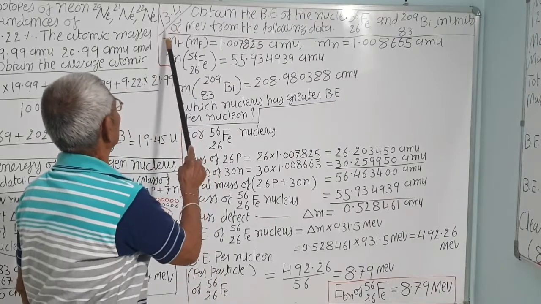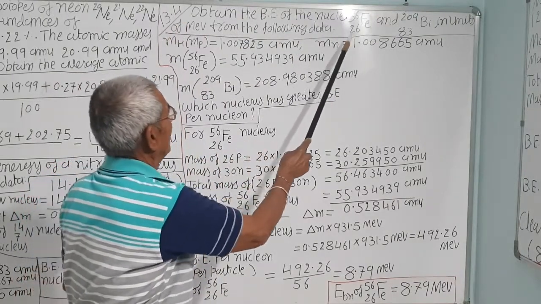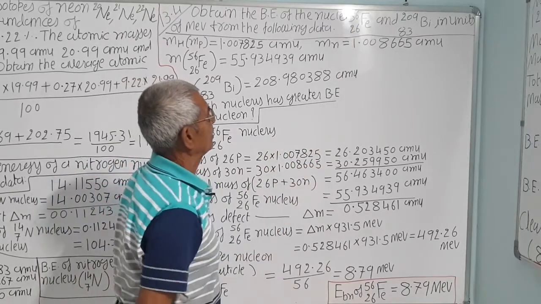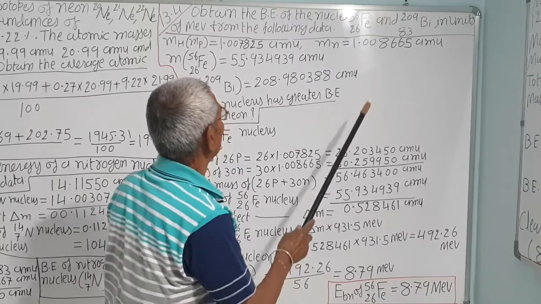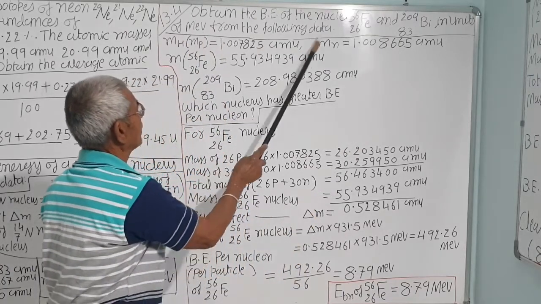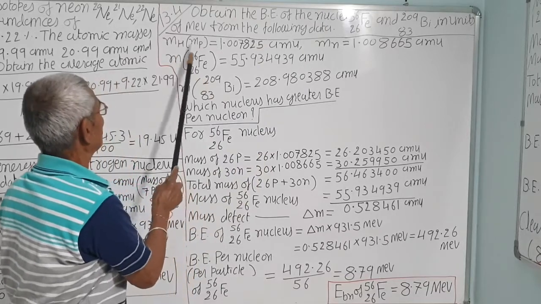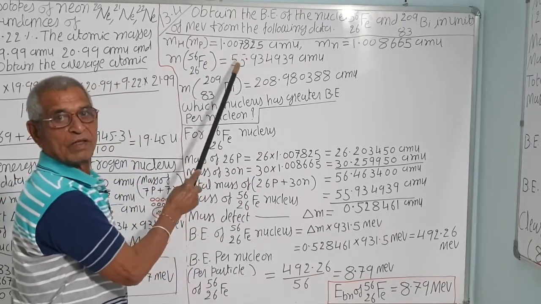Example 4, 13.4, that is, obtain the binding energy of the nuclei Fe, iron 56 (26), and bismuth 209 (83) in units of MeV, million electron volt, from the following data. The mass of the proton is 1.00. If it is given, then you will take the given data.